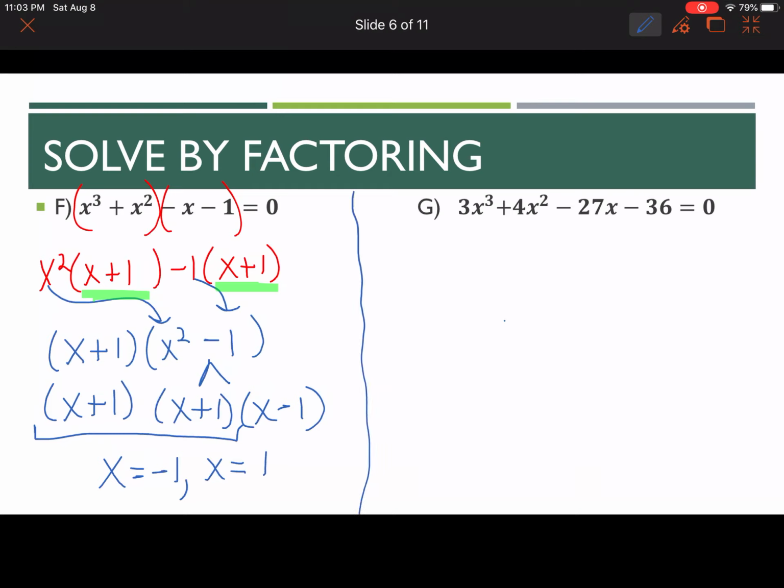So let's do this last question. We're going to group. And again, feel free to pause and try. Group, take out your GCFs. So you can pause the video or replay the video at any time. So in that first group, I'm going to take out an x squared.